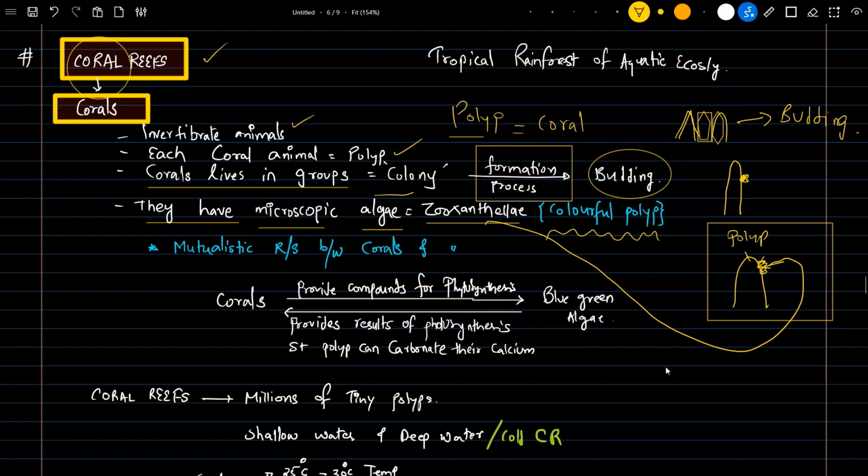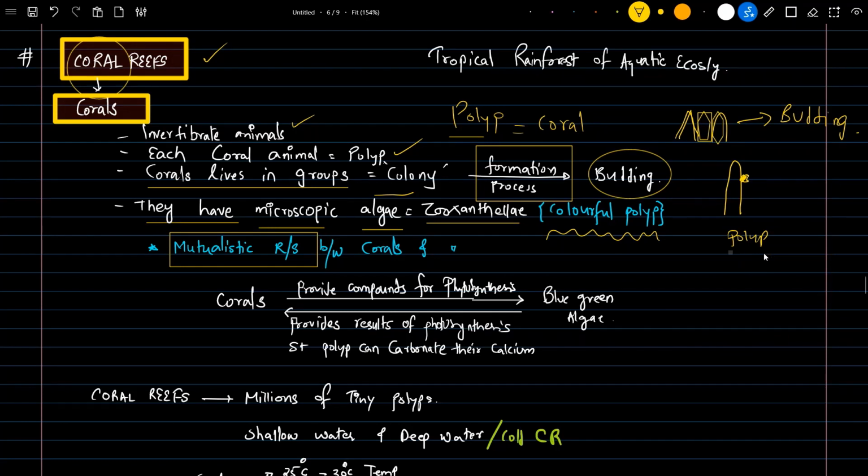Next, between this zooxanthellae and coral, there is a mutualistic relationship. Let's understand this relationship. This is the coral, and this is the blue-green algae, which is zooxanthellae. What does mutualistic mean? Both are benefited, plus plus.